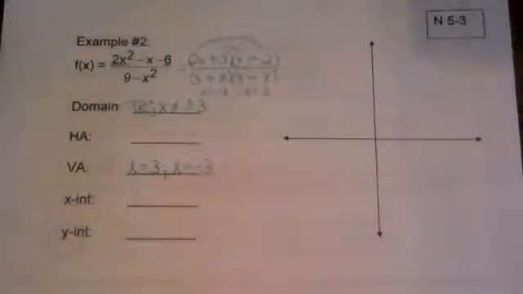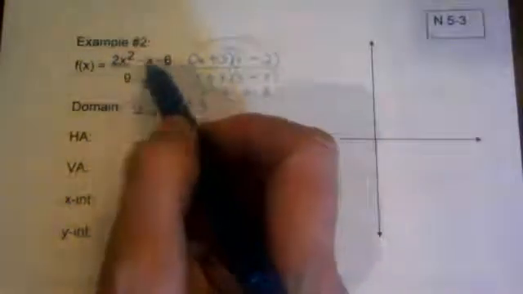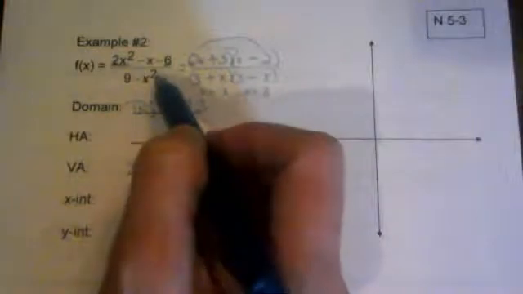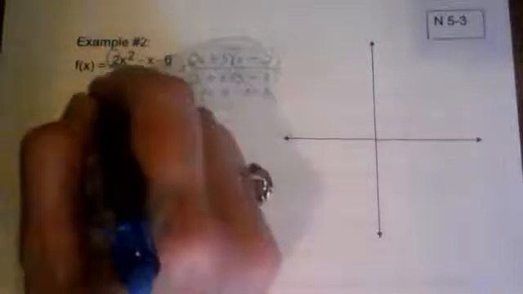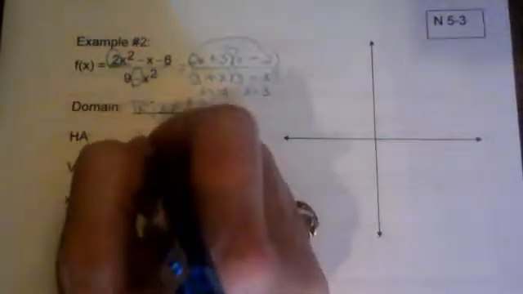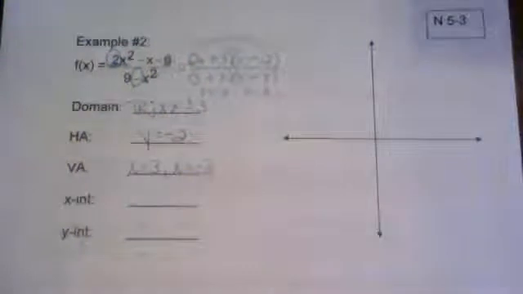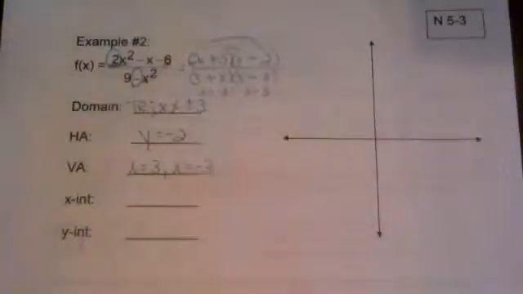For our horizontal asymptotes, we're supposed to use the rules, and here we have x squared in both the numerator and the denominator, so we use the coefficient in front, and here it's 2. Here it is understood to be a negative 1, so 2 over negative 1 gives me negative 2. Y equals negative 2 would be my horizontal asymptote.